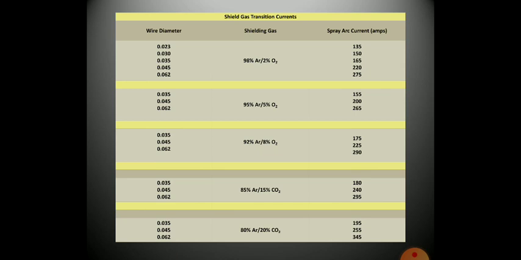combination of 5% oxygen is providing 155 amperage, that 10% number of counting is less than the 2% oxygen, and this 0.45 is again using less amperage, and 0.62 is also having less amperage as compared to the other.